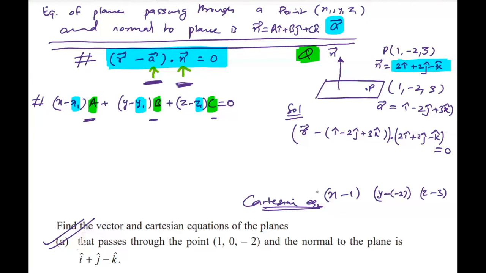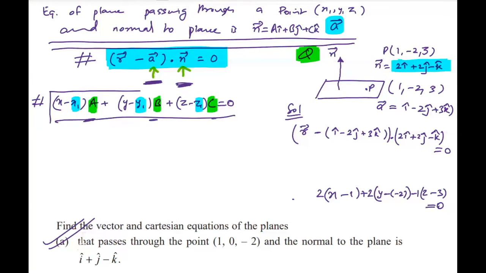We can directly use the formula. This is the formula in Cartesian form, so just learn it, nothing new. Simplify it: 2x minus 2 plus 2y, 2 into 2 is 4, minus 1 into z minus z plus 3, is equal to 0.